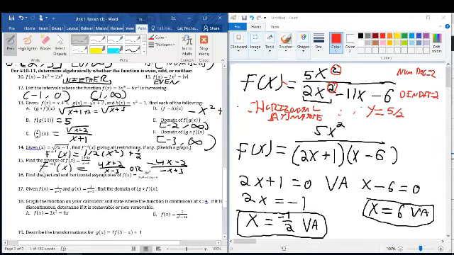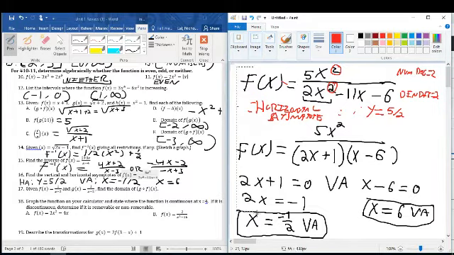So our horizontal asymptote is going to be y equals 5/2, and our vertical asymptotes are going to be at x equals negative 1/2 and x equals 6. Okay? Moving along.